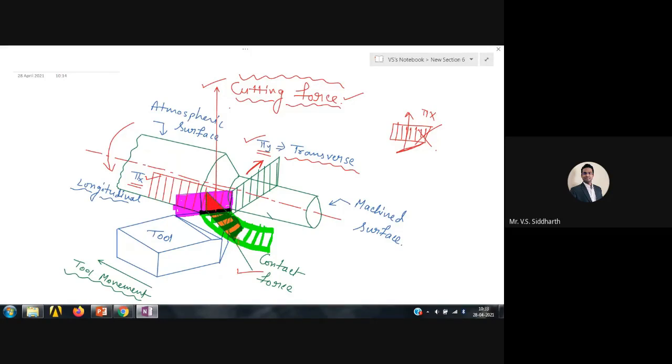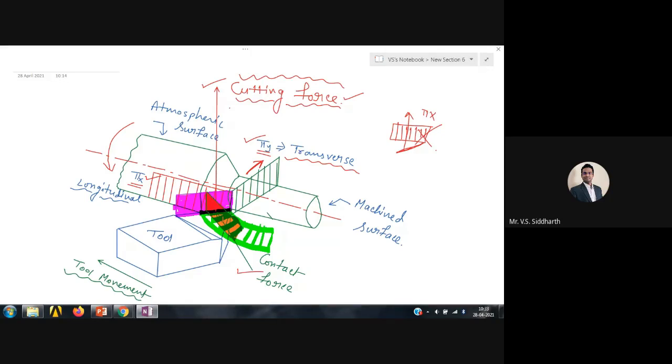So now can I say that my cutting force and my contact force both are passing through, or both are parallel to this maroon color plane and the orange color plane? Say yes or no. Initially, when I took the planes of the machine reference system, the longitudinal plane and the transverse plane, my forces were not parallel to the planes.